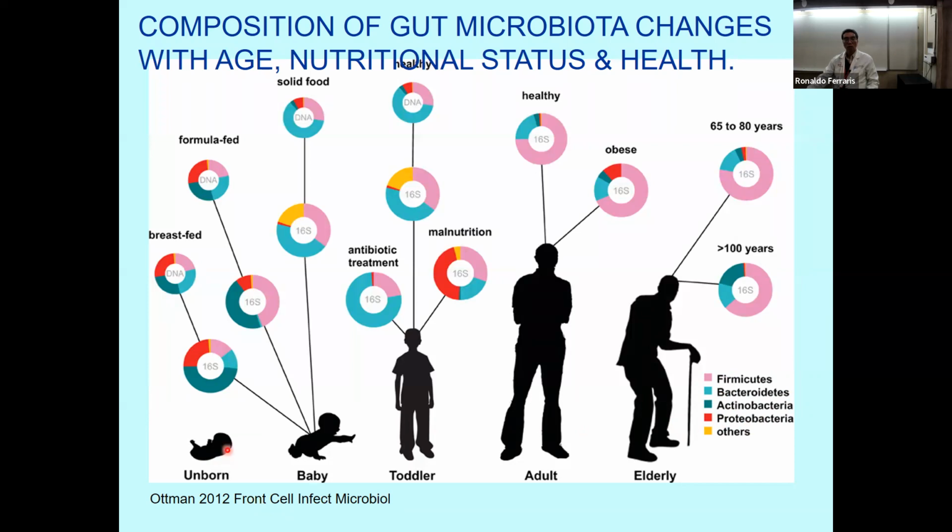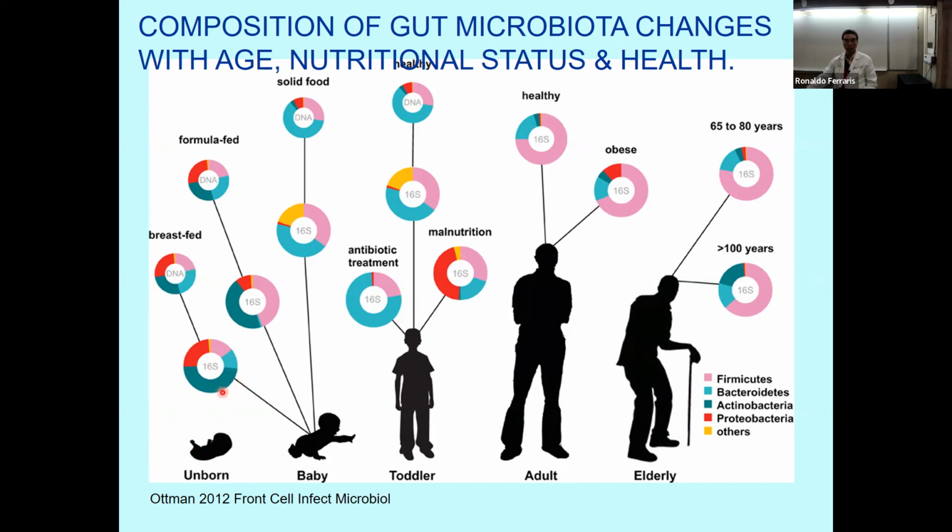Okay, so theoretically, unborn babies don't have anything in their gut microbiota, although this is now challenged. Babies that are born vaginally tend to have more than those born by C-section. And it does impact their development, according to some of these papers.